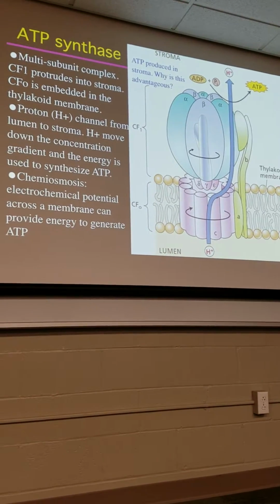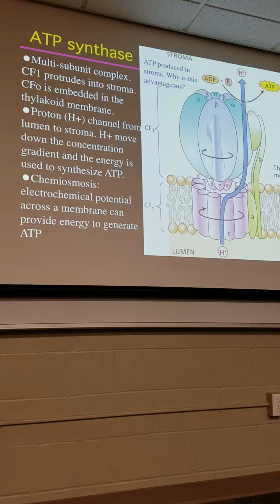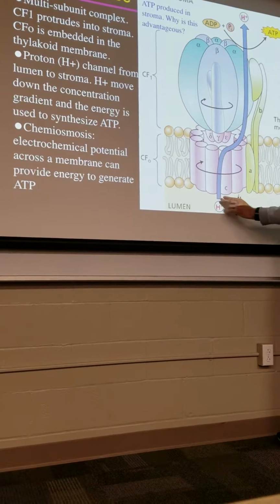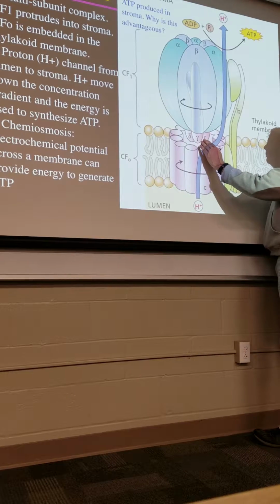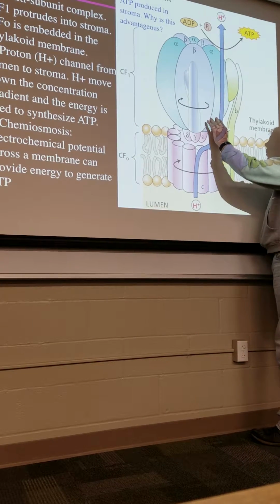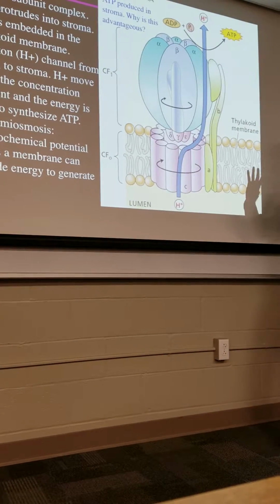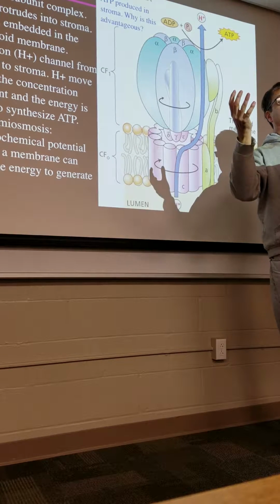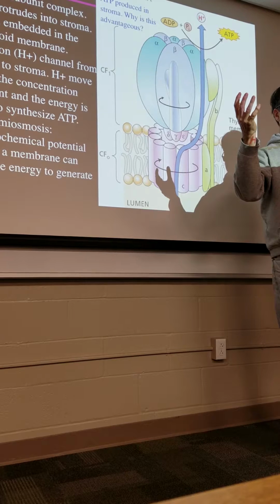ATP synthase has been crystallized from a wide variety of organisms. And as a proton moves through the tunnel, it passes over the turbine and it ratchets the turbine a third of a turn.